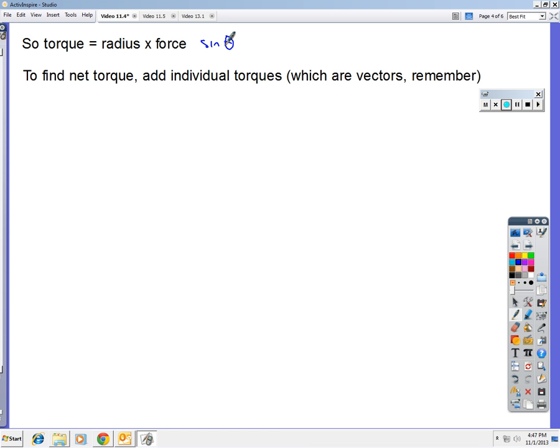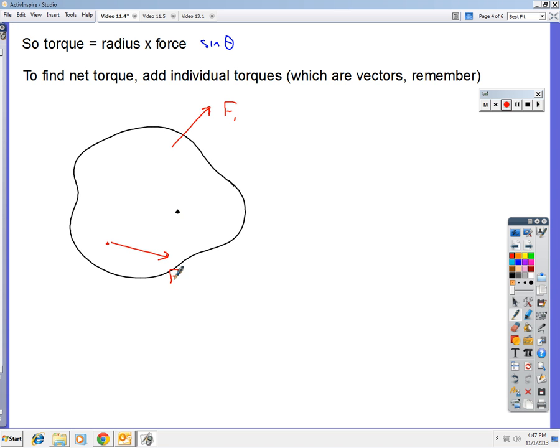Now if you've got multiple torques that act on an object, let's say we've got a pivot point right there, and you've got 2 forces, you've got F1 and you've got F2, and those are applied at distances R1 and R2.